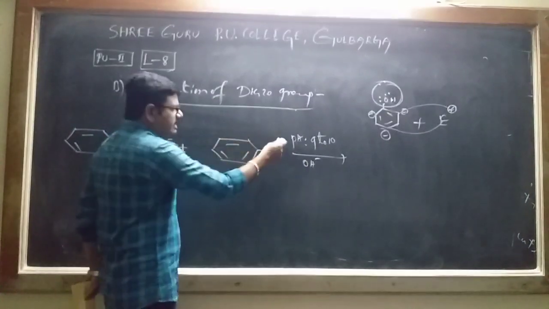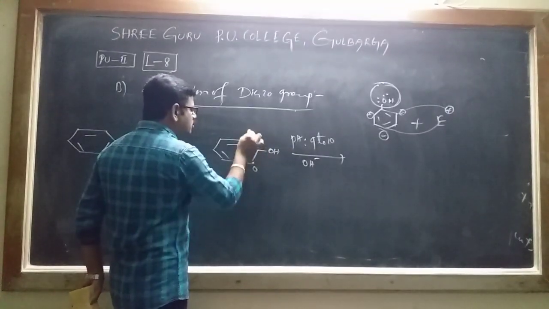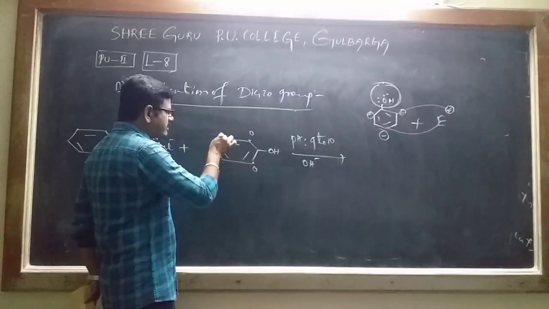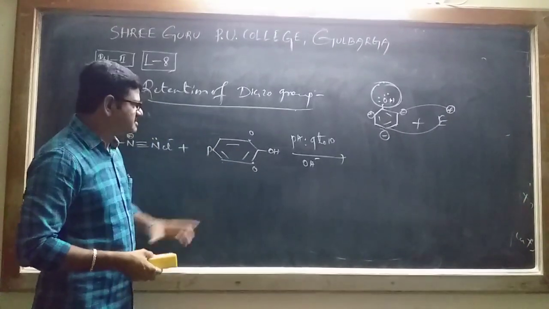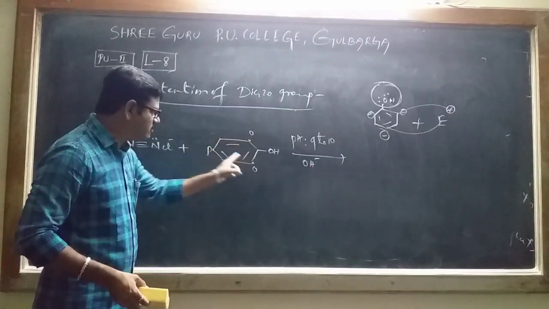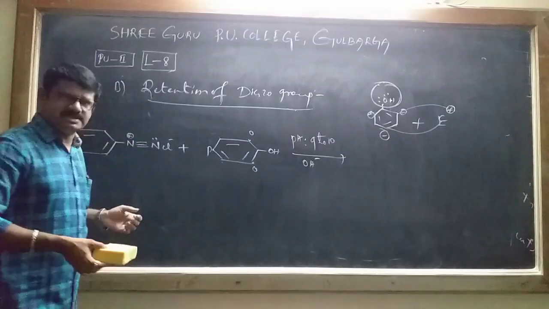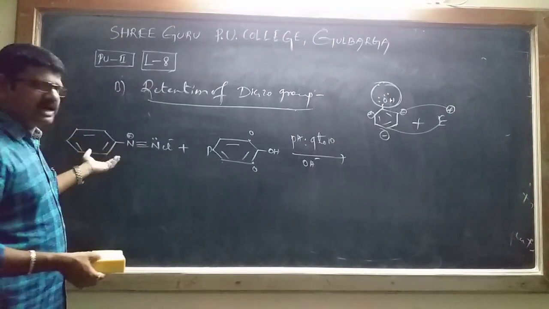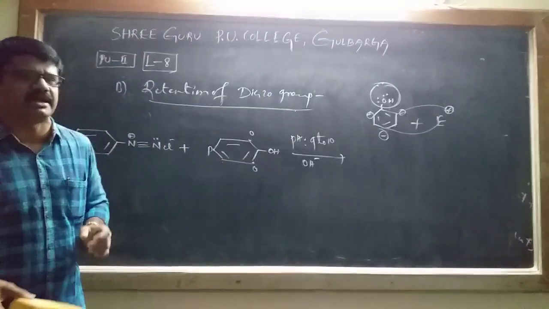With OH as the main group, these two are ortho positions, this one is meta, and this is the para position. Electrophilic substitution should occur either at ortho or para. Then where is the electrophile? How is the electrophile coming is the question.